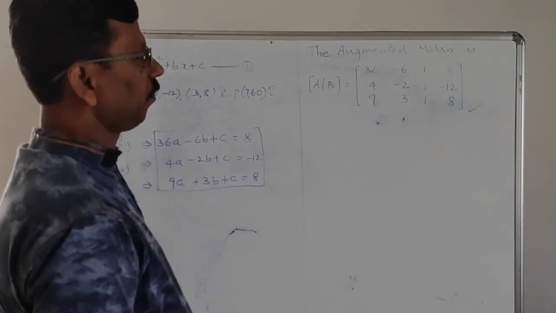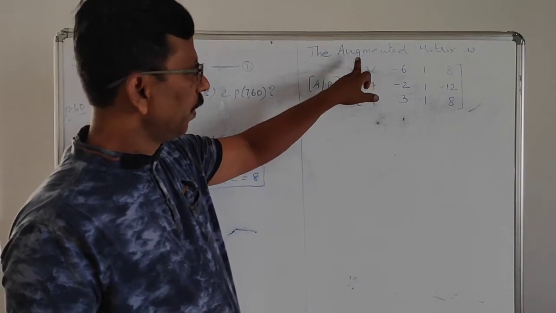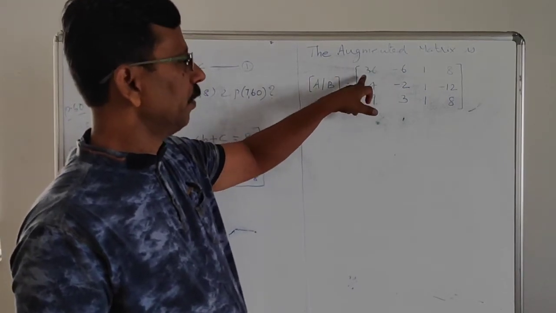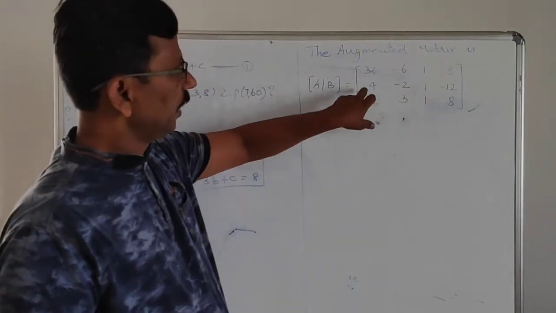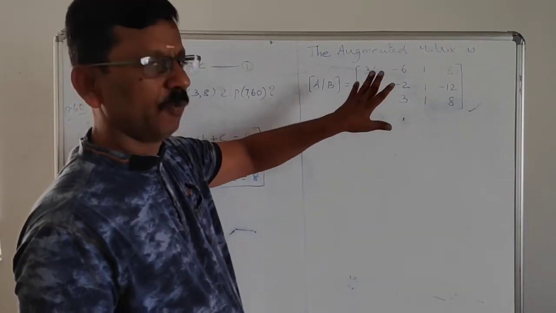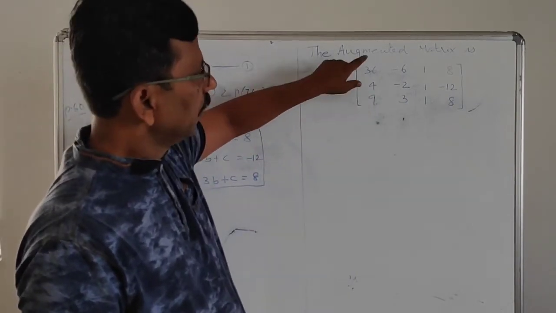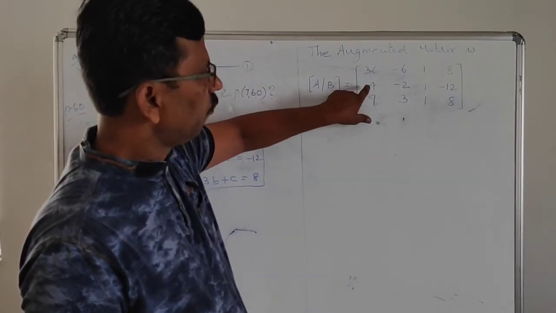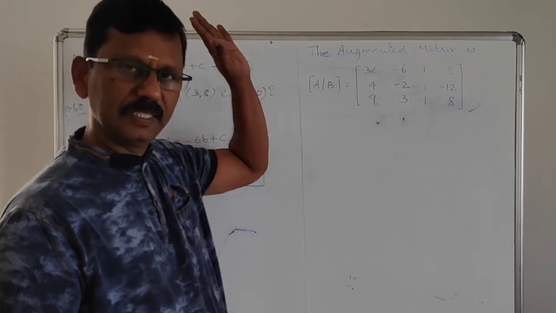Now, we can bring this into row echelon form. For that, first try to make this element as 1, means we have to divide through by 36. It is not possible. And also here we don't have number 1. Therefore, you cannot interchange. Therefore, first we can see here this is 36. The multiples of 4 and 9 is 36. Therefore, we can keep this 36 as such.